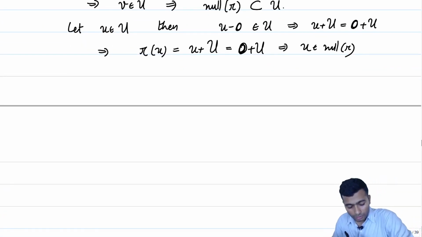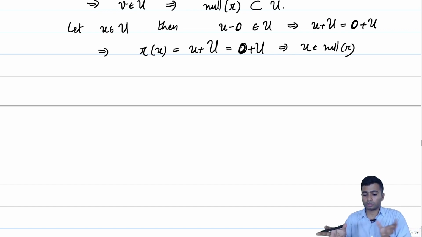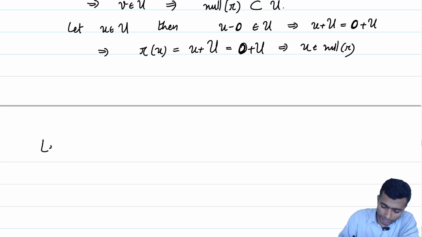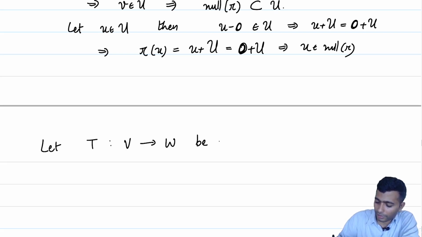Now let's see how this setup can be used to study linear transformations more effectively. So let's start with a linear transformation. Let T from, say, V to W be a linear transformation.